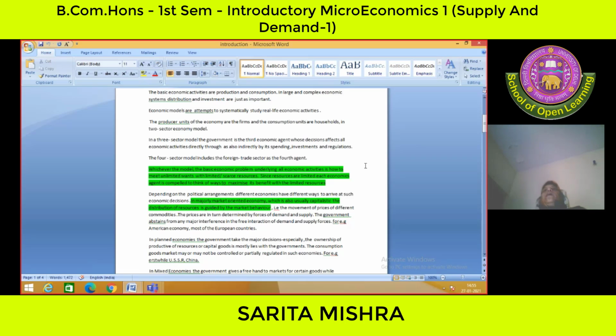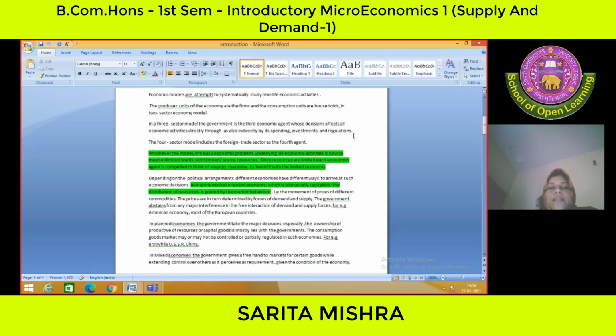It might also directly participate in the consumption process by making purchases from the public, or it might affect the consumption of the people by imposing taxes on goods and services, income taxes, and so on. So government activity is all pervasive and it affects all other economic agents in the economy. So the government is the third economic agent in a three-sector model, which influences the economic activities both directly and indirectly.